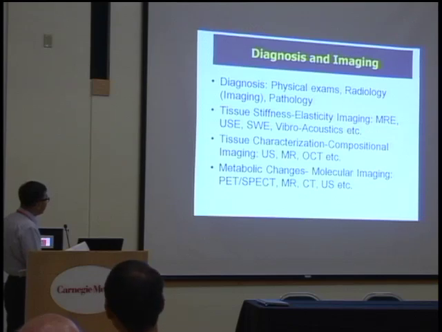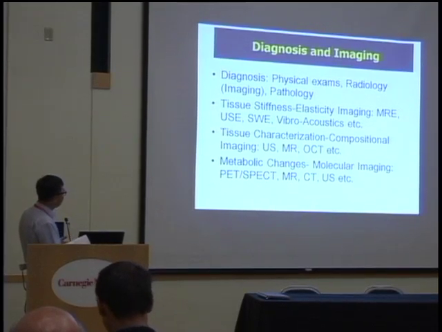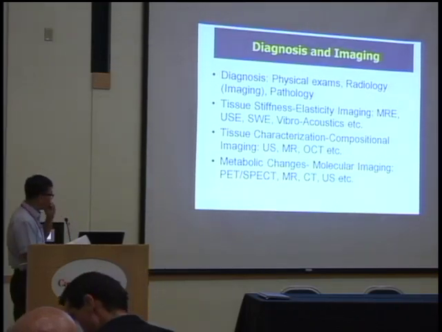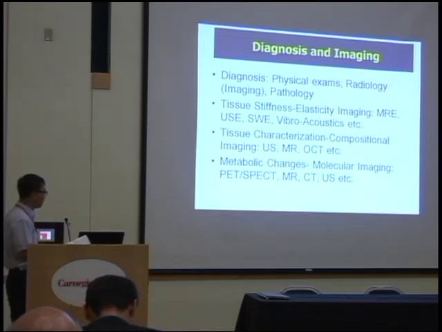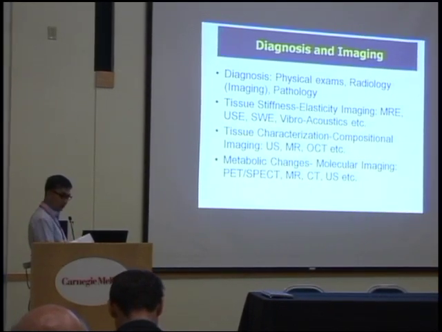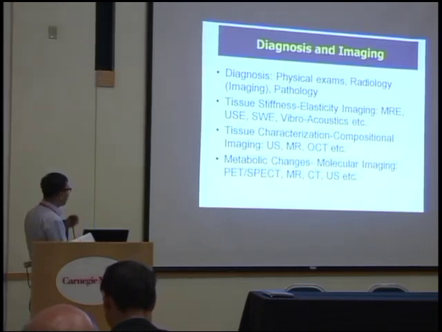Also, some of anatomical pathology can be covered by using compositional imaging technology, looking at the composition of tissue, which is an important signature of the progress of disease. There have been efforts using OCT, called virtual histology, and ultrasound and MR as well.